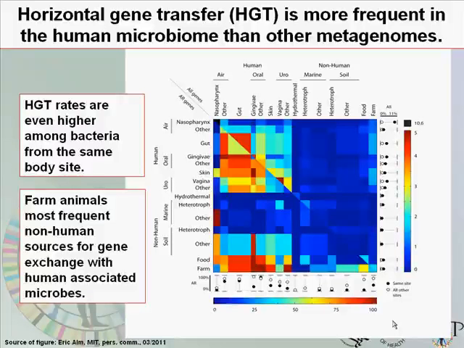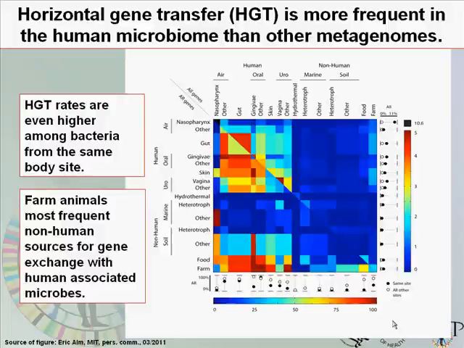You can see, just looking at this diagram, that the hottest or the highest rates of horizontal gene transfer, compared to any other metagenome, are occurring in the human microbiome and also in farm animals. So horizontal gene transfer rates are even higher among bacteria from the same body site.